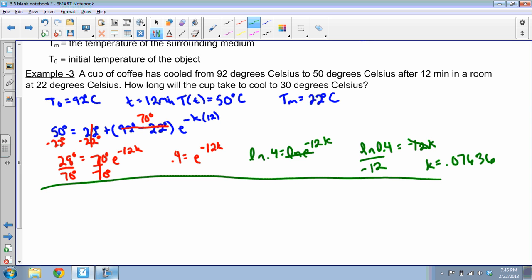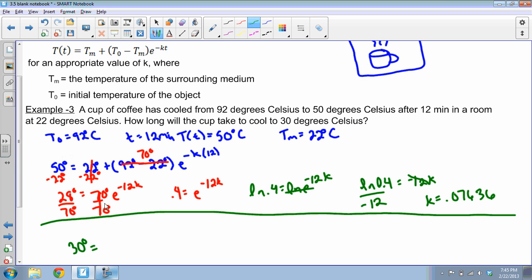Now, that was all to find k. We want to know now how long it will take the cup to cool to 30 degrees Celsius. So our T of t now is 30 degrees. That's how much we want it to get to. T of M, the medium that we're in, is the same.